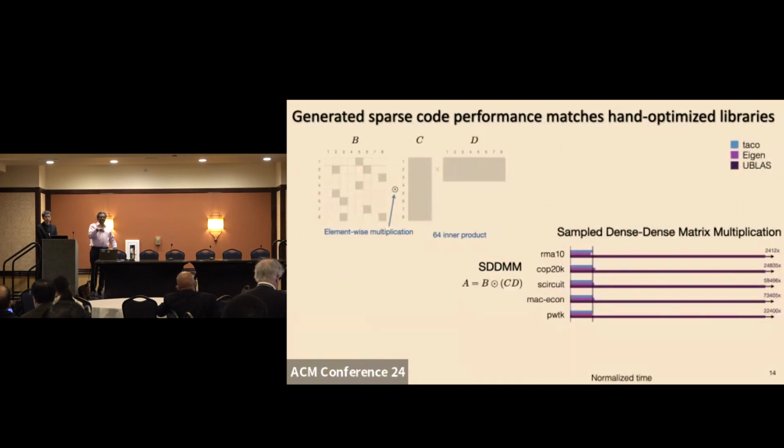So I can take it one step further, saying not just compute, I won't even fetch if nobody uses that. If that entire row is 0, or that entire column is 0, I can even not fetch a row of C or a column of D, because I know it will never be part of the computation. So if B is hypersparse, I might be able to do that.